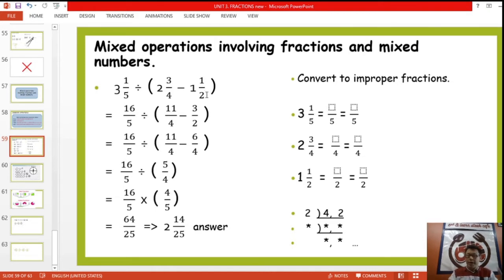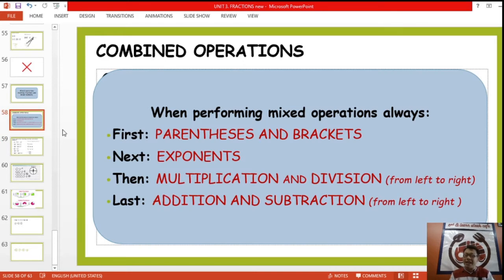Now remember the rules. If you have a parenthesis, deal with parentheses first. That's what we are talking about.